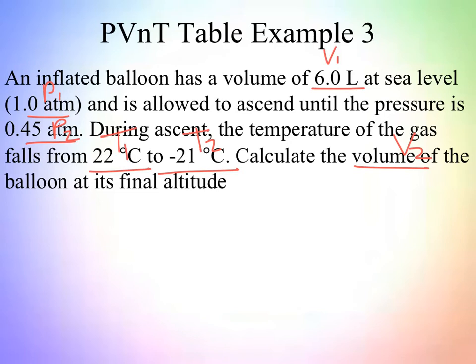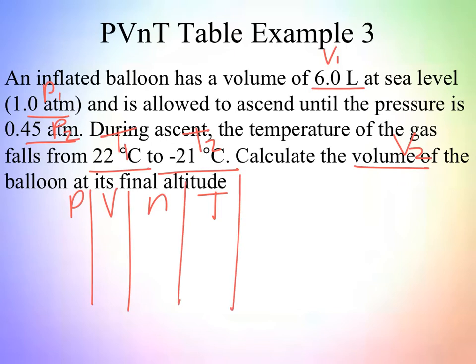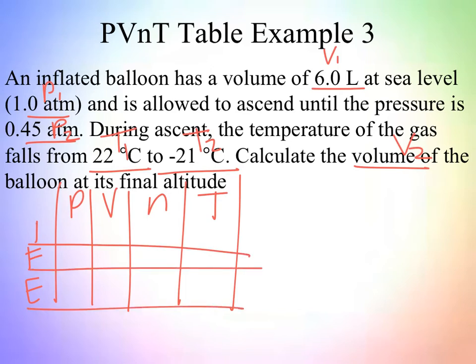So in this case now, we have 3 variables. So if we set up our PVnT table, and we fill it in, initial, final, and effect. Notice that we did not label N anywhere, so I'm going to cross that out. Now, I'm going to fill this in based on the numbers that I've labeled.